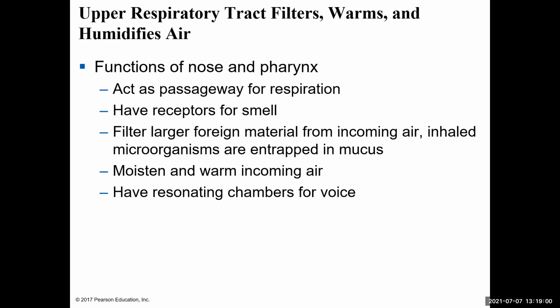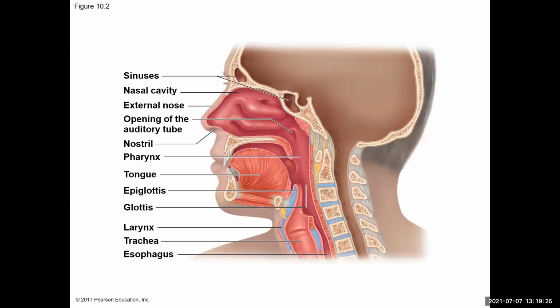So the nose and the pharynx is that initial passageway for respiration. Our mouths are also important for bringing in that air. They both have receptors for smell, and they filter those large foreign materials that are coming in. Right? So they moisten and warm that air. And then the upper respiratory tract also has the larynx, which is where our vocal sounds are made for communication.